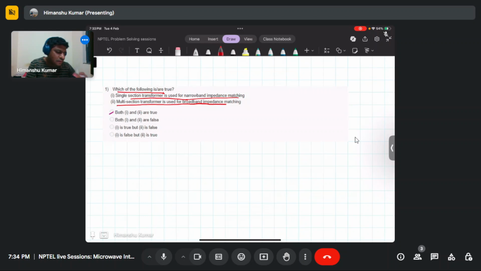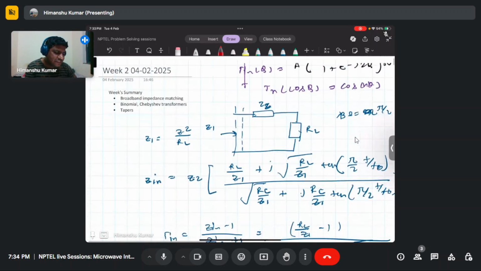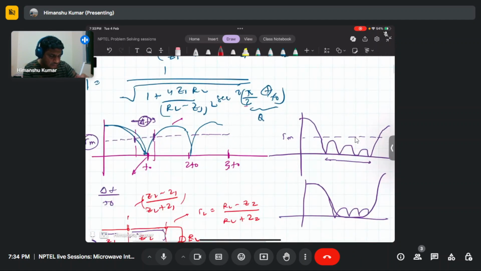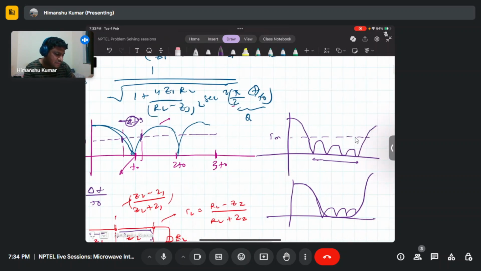This is correct. In the case of narrowband matching, your reflection coefficient versus theta or frequency looks like this, and for broadband, this is the binomial or Chebyshev kind of impedance matching technique. This is the reflection coefficient versus frequency plot.